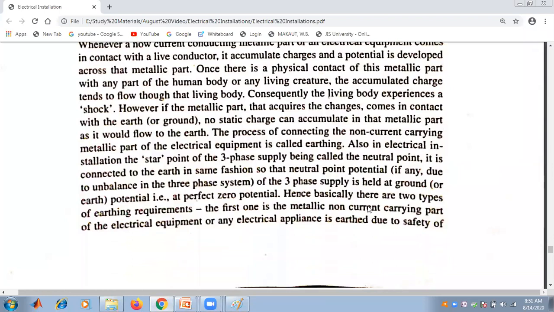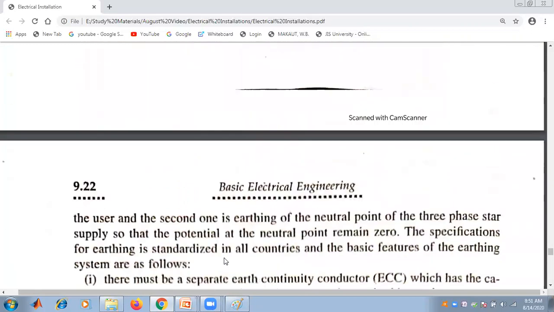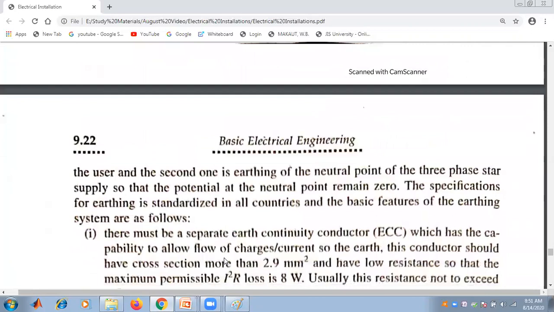And basically there are two types of earthing equipment requirements. The first one is that the metallic non-current carrying part of the electrical equipment or any electrical appliance is earthed for the safety of the user, and the second one is the earthing of the neutral point.